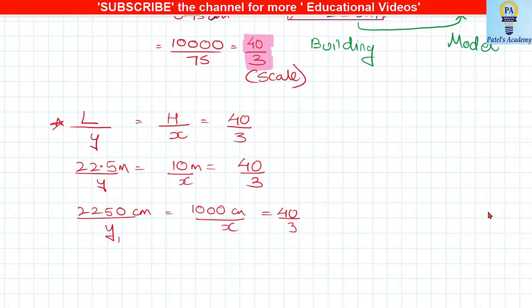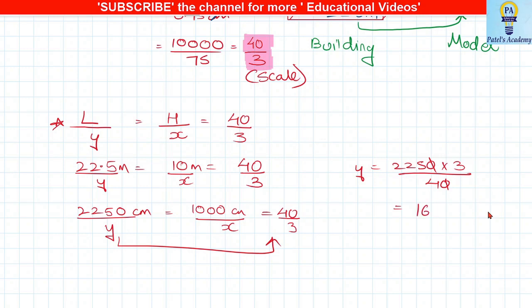Now if I cross multiply these two, what will I get? Y equal to 2250 into 3 upon 40. So 0 cancels, and when I divide, I will get 168.75 centimeter. This is the value of y.